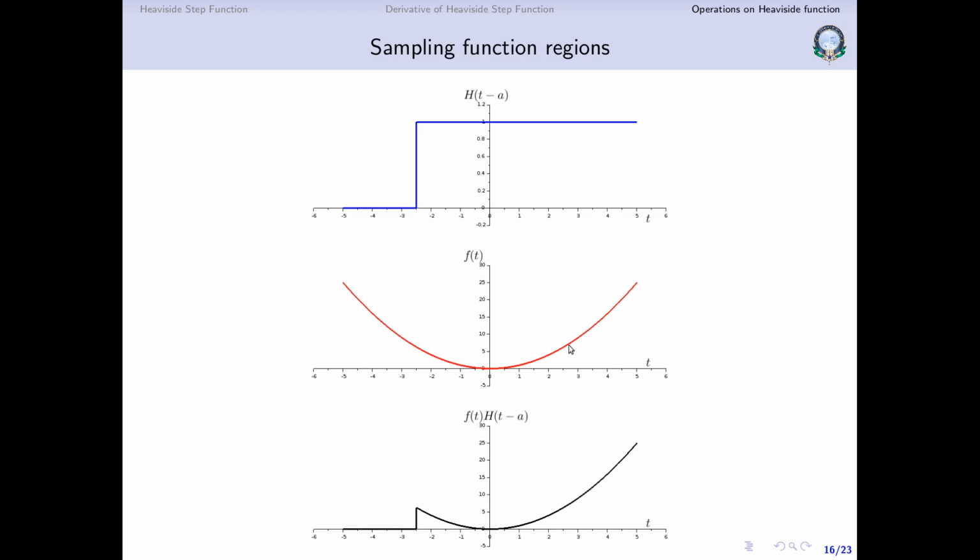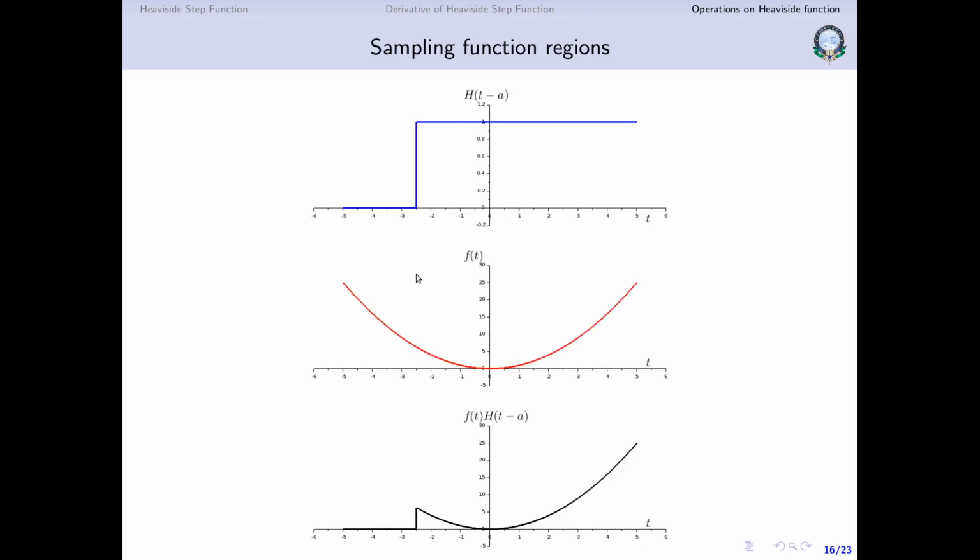When I multiply these two, for t less than minus 2.5, the values are going to be all zeros. For t greater than minus 2.5, the values will be the same as the function itself. This is how we can convert continuous functions into step functions, discontinuous functions.